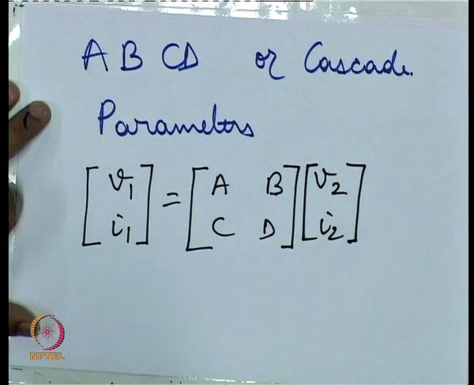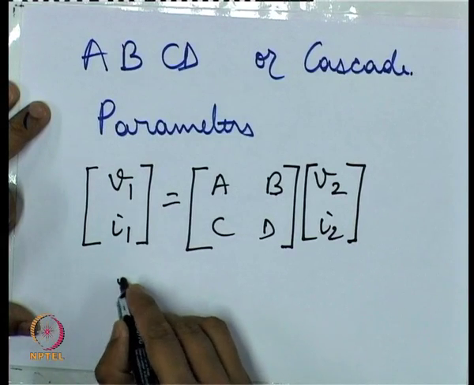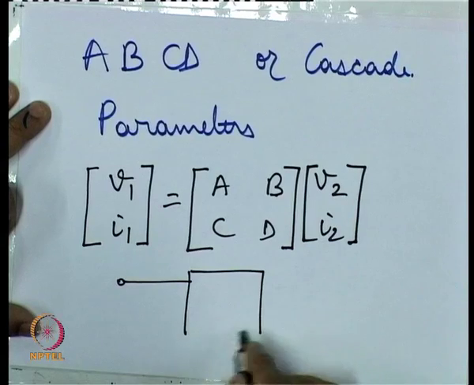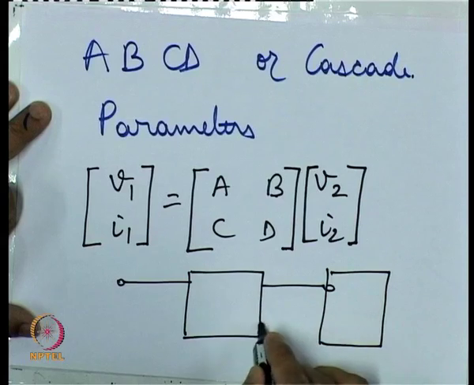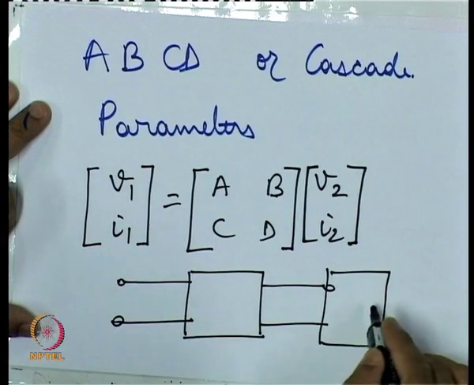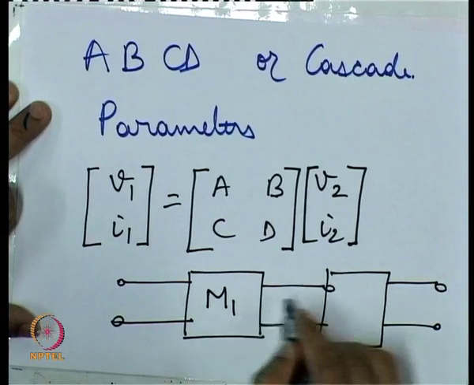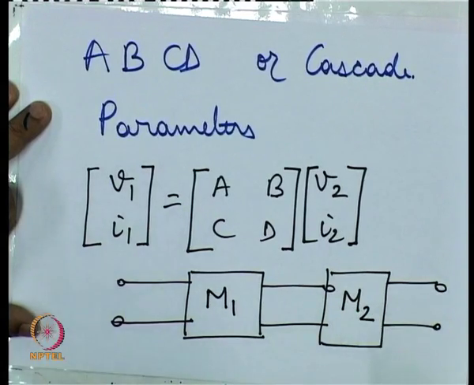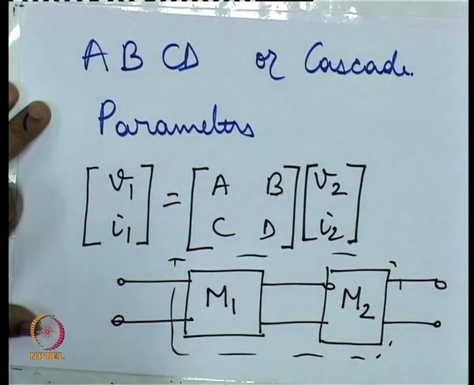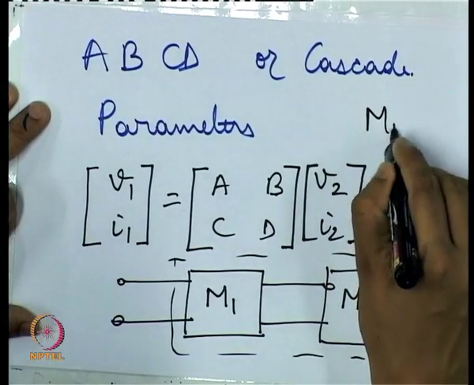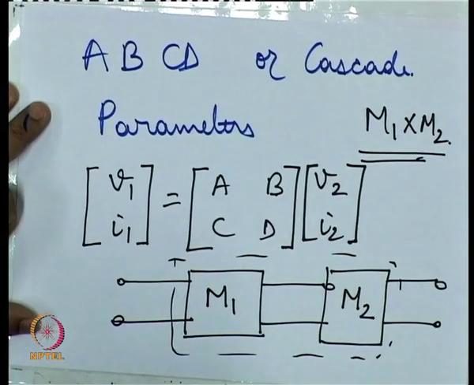The advantage of ABCD parameters is that if you have two networks connected in cascade like this, and the ABCD parameter matrix of the first network is M1 and the second network is M2, then the overall ABCD parameter of this cascade will be M1 times M2. That is the biggest advantage.